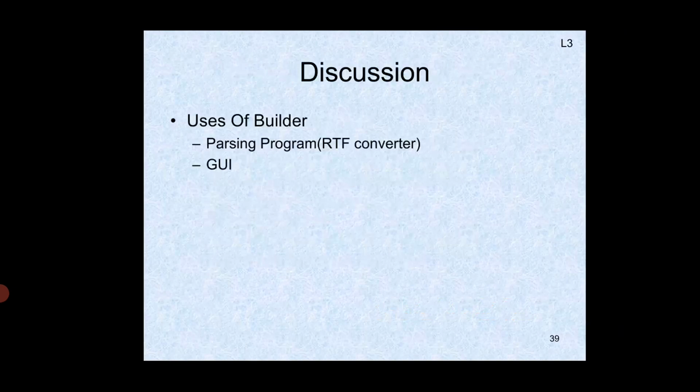There are three key consequences of the builder pattern. The first one is that it lets you vary a product's internal representation.